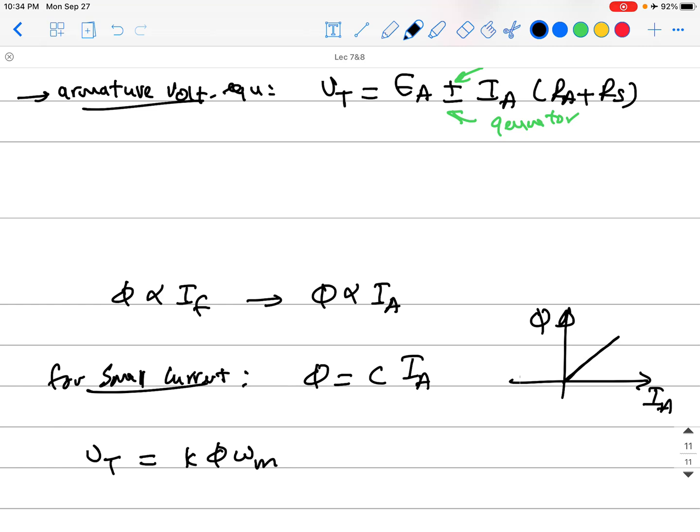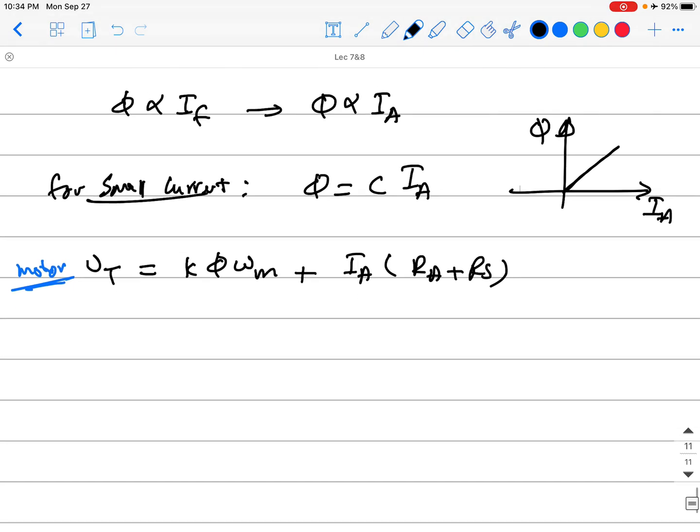Let me concentrate on motor mode for now. You can derive the same idea for generator mode easily. This plus will be negative for generator, like we said before. So you multiply IA by RA plus RS.